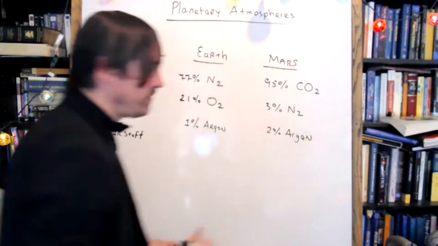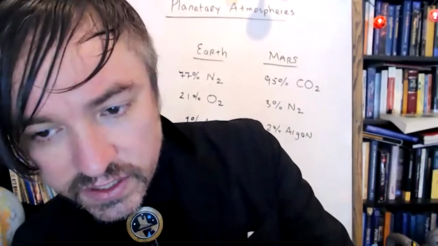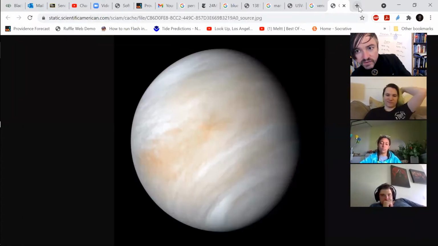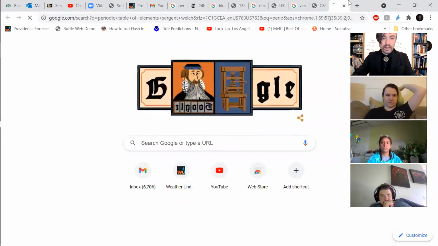If you ever took a chemistry class, let's take a little peek at the periodic table of the elements. This is just for those kids who either didn't take chemistry or didn't learn anything when they did. If we can just grab ourselves a periodic table of the elements.